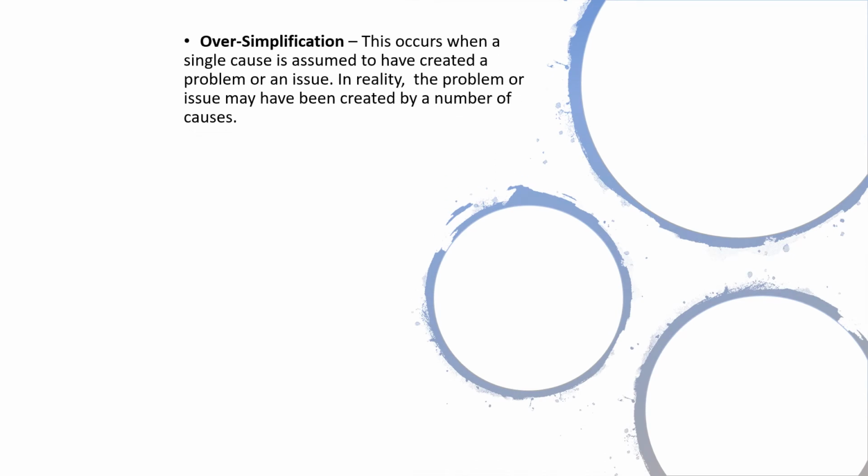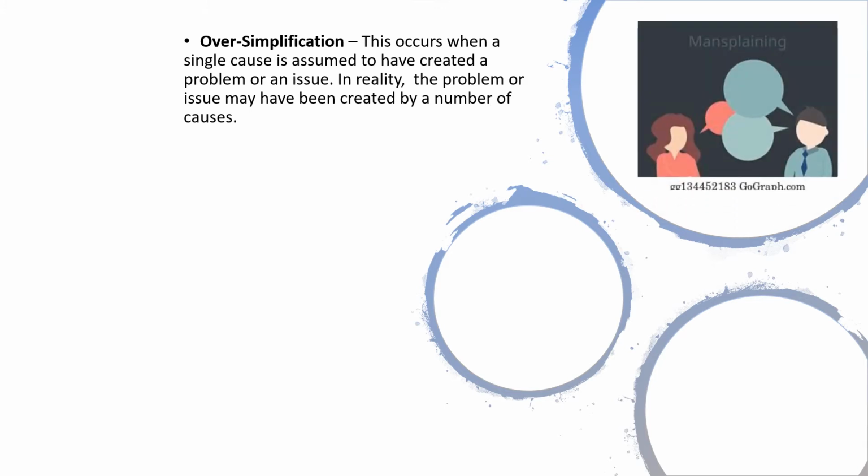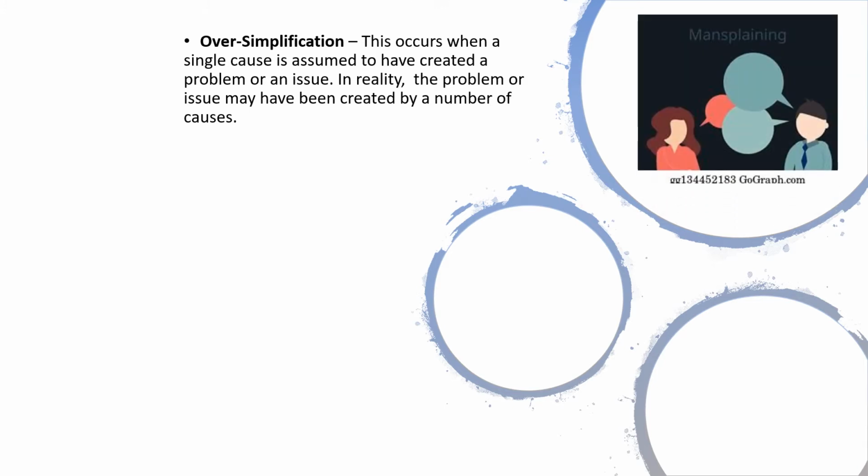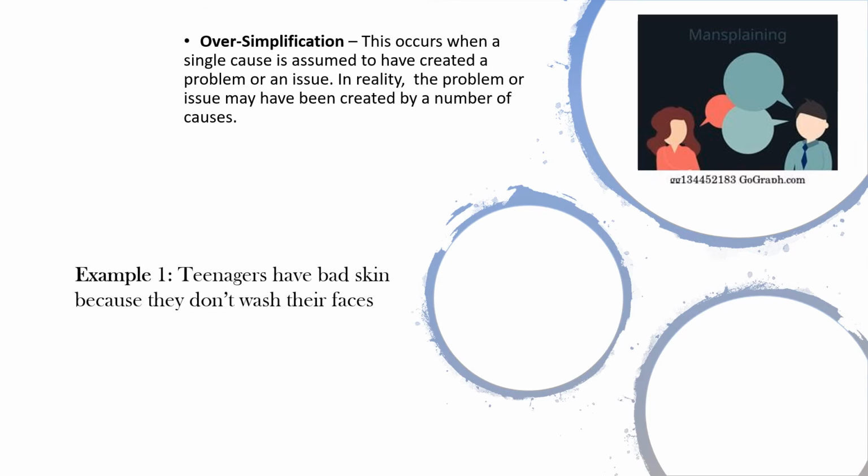Oversimplification. This occurs when a single cause is assumed to have created a problem or an issue. In reality, the problem or issue may have been created by a number of causes. Example number 1: teenagers have bad skin because they don't wash their faces. The statement is too simplistic. It argues that there is only one reason for teenagers' skin problems.